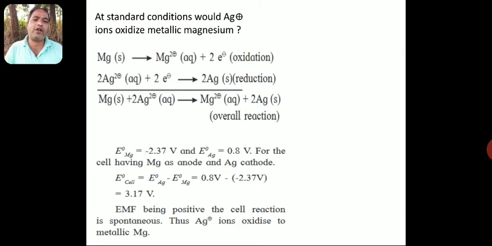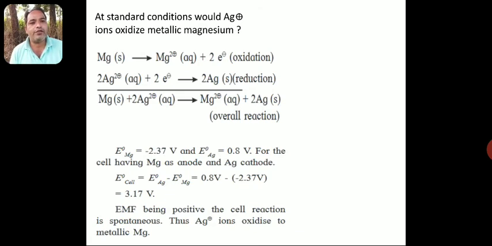We consider this redox reaction. The E0 of Mg is minus 2.37 volt, and that of Ag is 0.8 volt, for the cell having magnesium as anode and Ag as cathode. How to calculate the E0 of cell? E0 of cell is equal to E0 of Ag minus E0 of Mg.